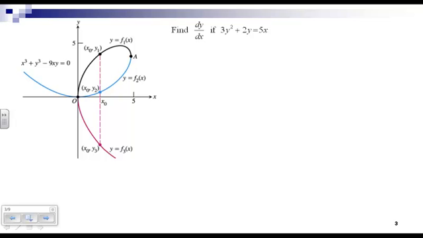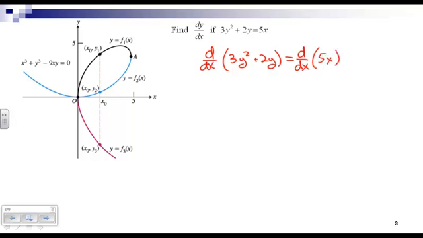Now let's talk about the process of finding dy dx. If I want to find dy dx, I'm going to take the derivative of both sides. I'm going to take the derivative with respect to x of the expression 3y squared plus 2y, and I'm also going to take the derivative with respect to x of the expression 5x.